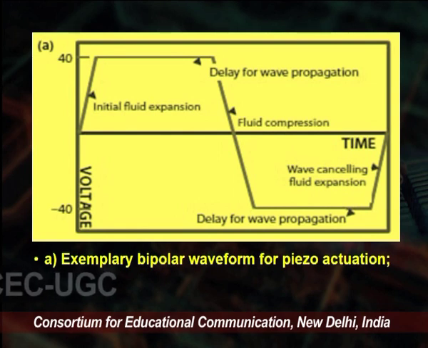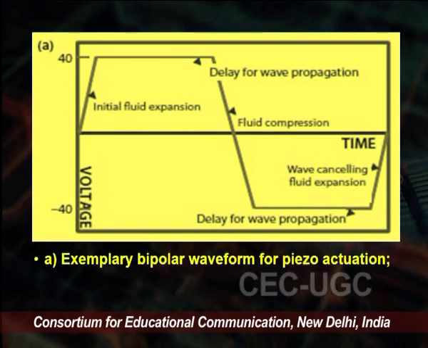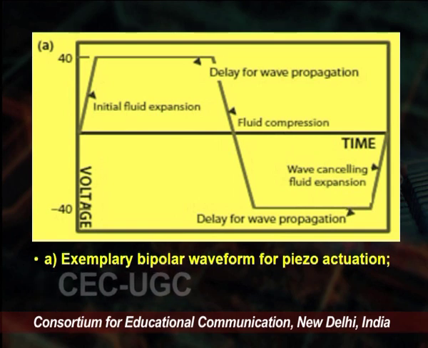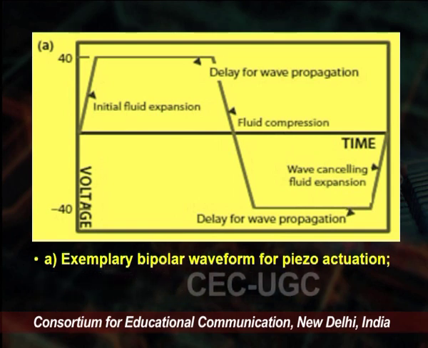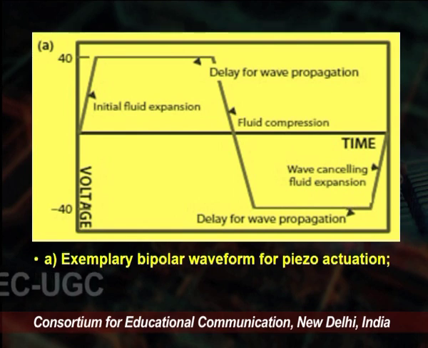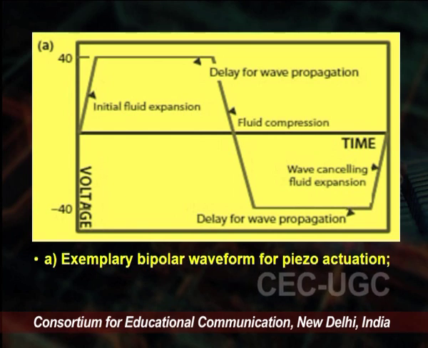Here a voltage is applied, then initial fluid expansion, then a delay for the wave propagation, now the fluid compression, finally a delay for the wave propagation, then the wave cancelling fluid expansion. In this manner, a nozzle of a particular size can eject a drop of a particular size.